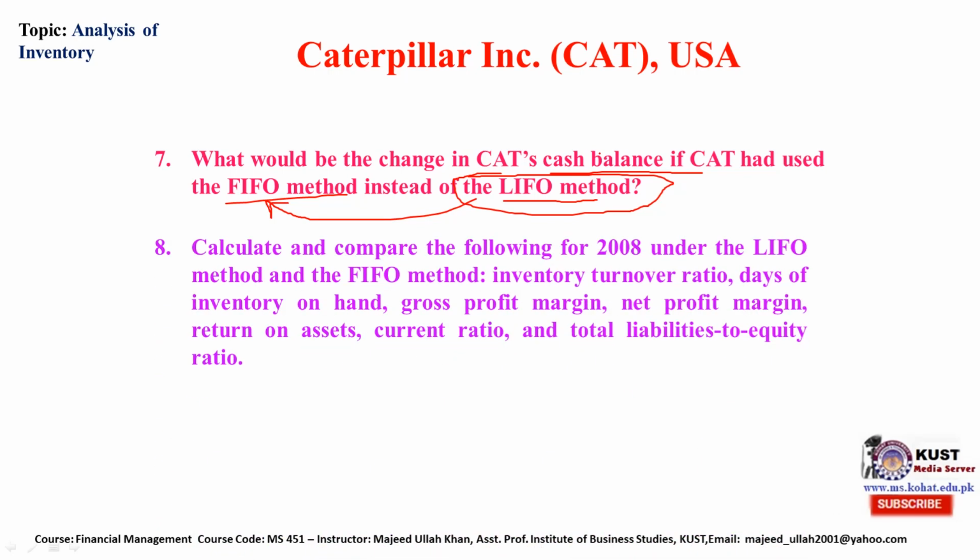In eighth, we will calculate for 2008 under the LIFO method and the FIFO method: inventory turnover ratio, inventory turnover in days, gross profit margin, net profit margin, return on assets, current ratio, and total liability to equity ratio.